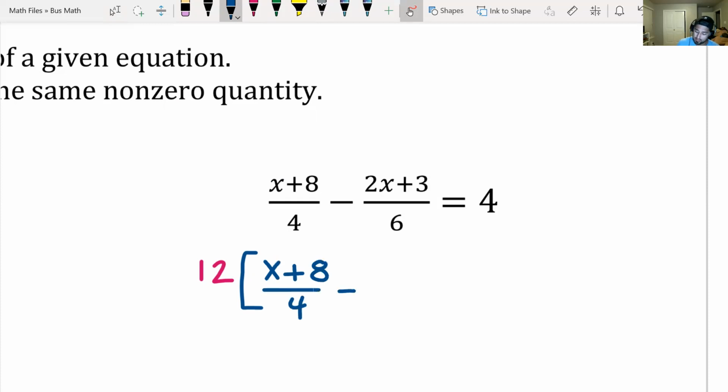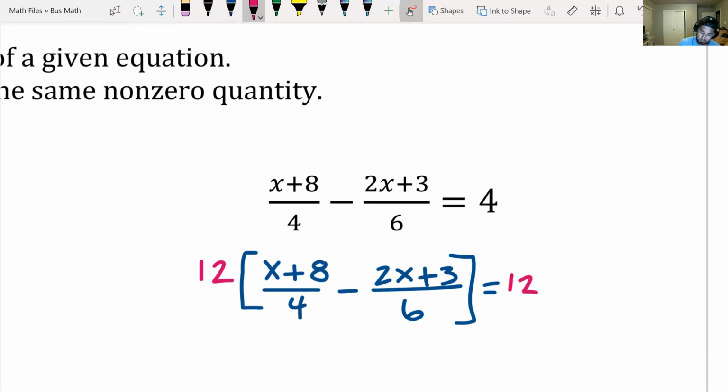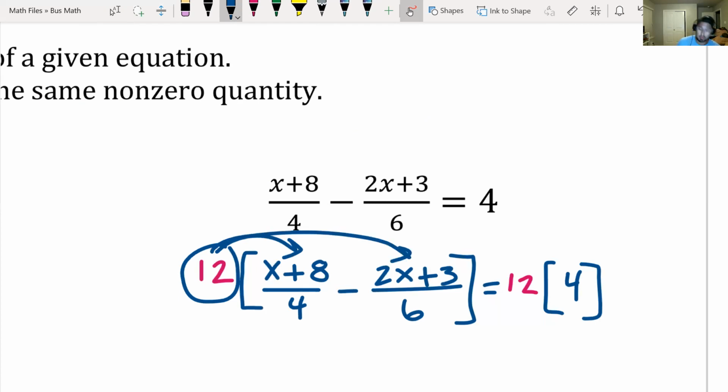Just rewriting everything to be neat. We're going to multiply both sides by 12, which means this 12 is going to distribute to both terms.